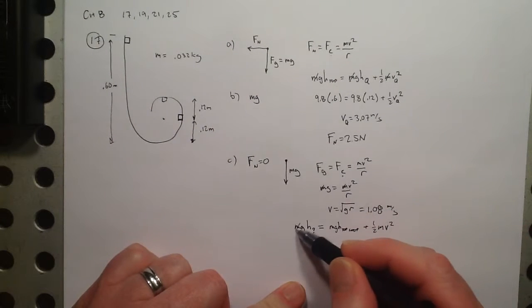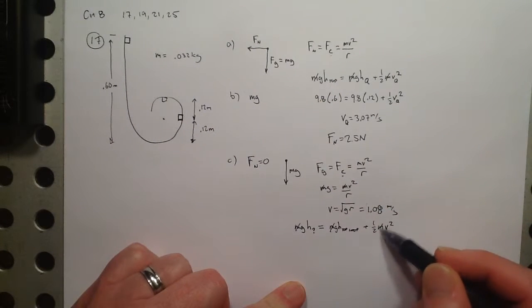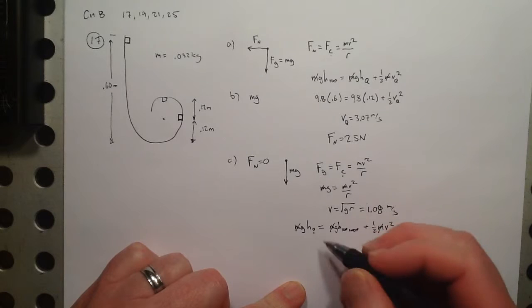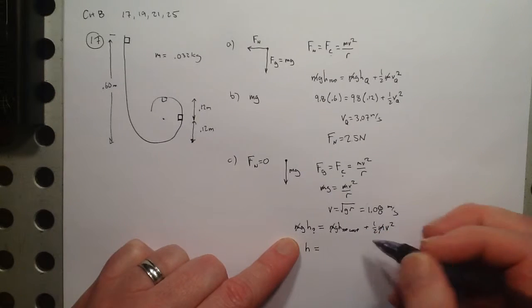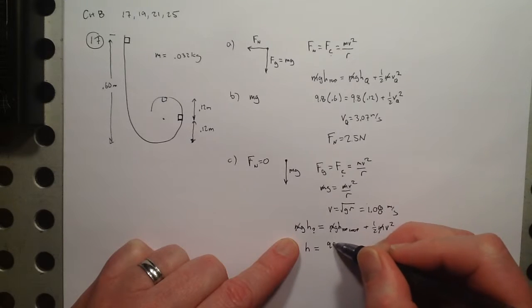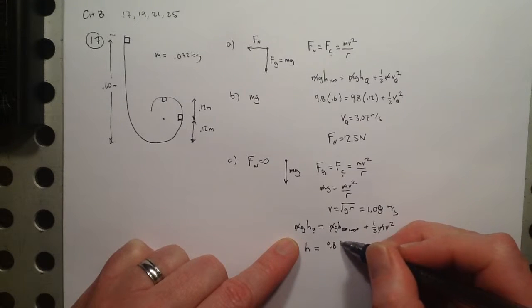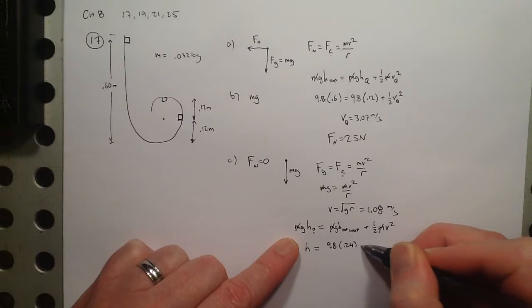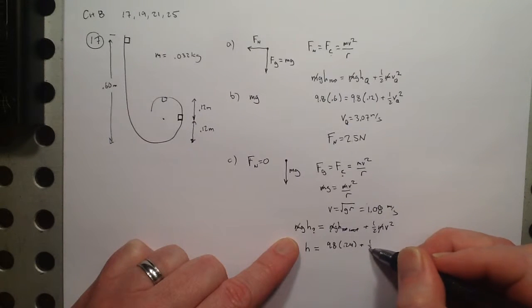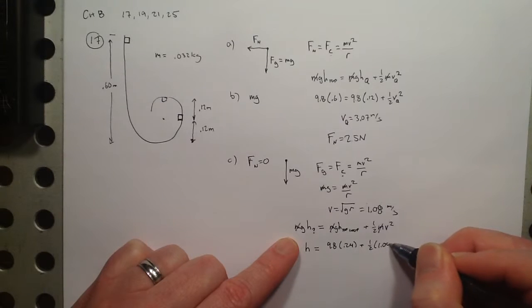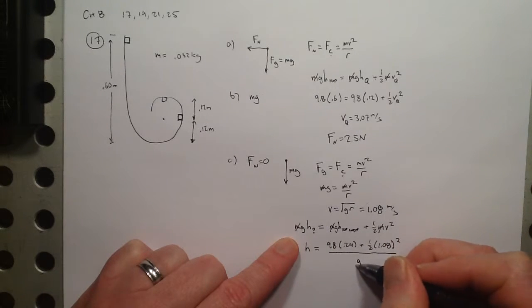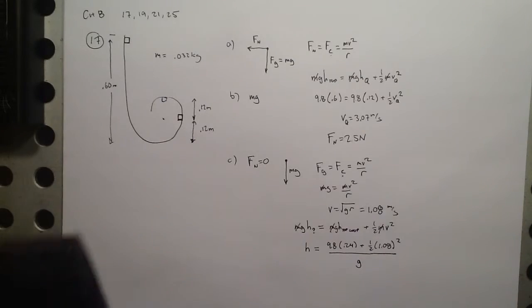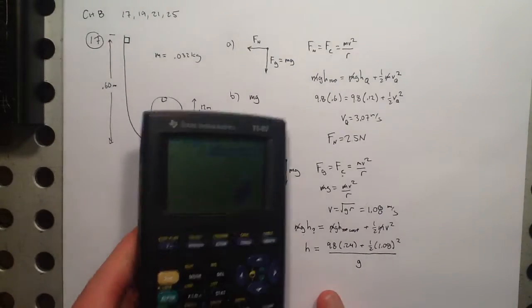So the m's all cancel out. We get the h that we're looking for here is equal to 9.8 times the height at the top of the loop, which is 0.24, plus 1/2 times this velocity squared all over g, dividing by that g there.